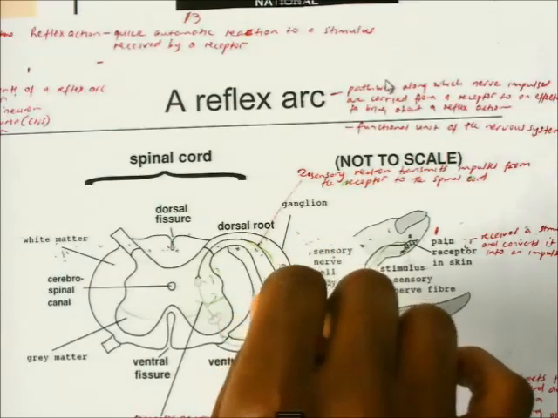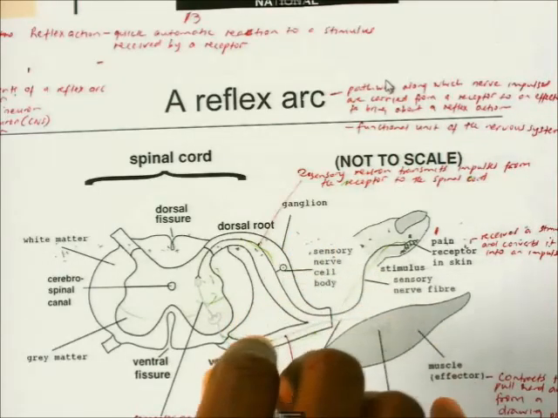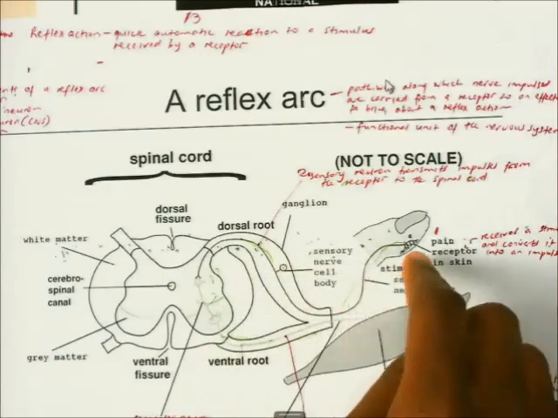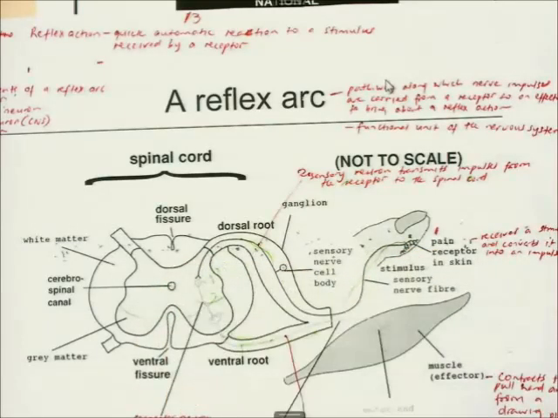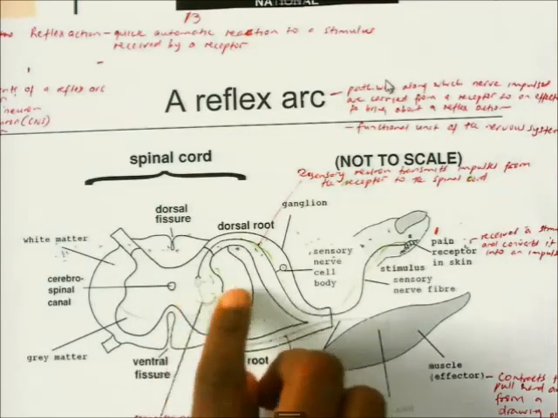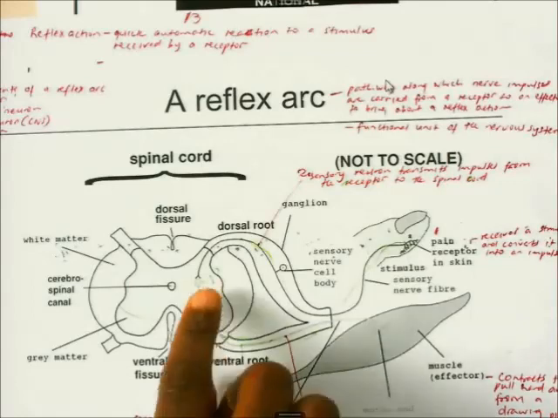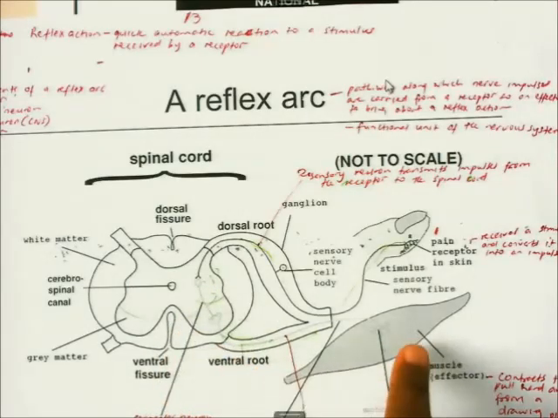From where? From a receptor in your skin to where? To your spinal cord. And then from your spinal cord, this impulse will travel to where? To your effector, so that an effector can bring about a response.